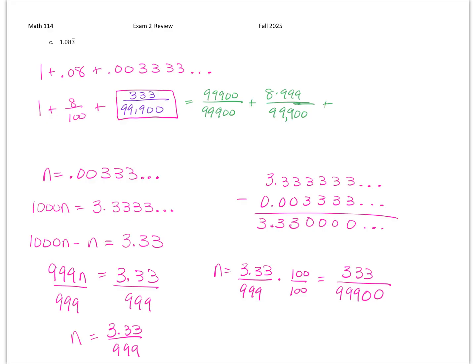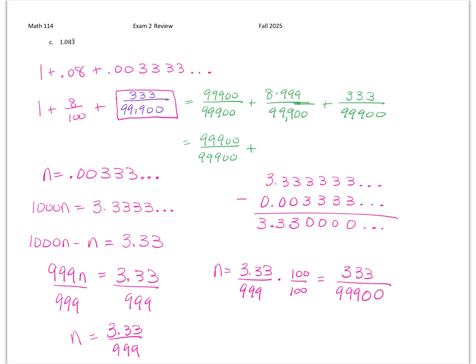And then plus 333 over 99,900. Okay, I got to do 8 times 999, and then I can just add the numerators. All right, so I have 99,900 over 99,900 plus 8 times 999. We could do that out by hand.